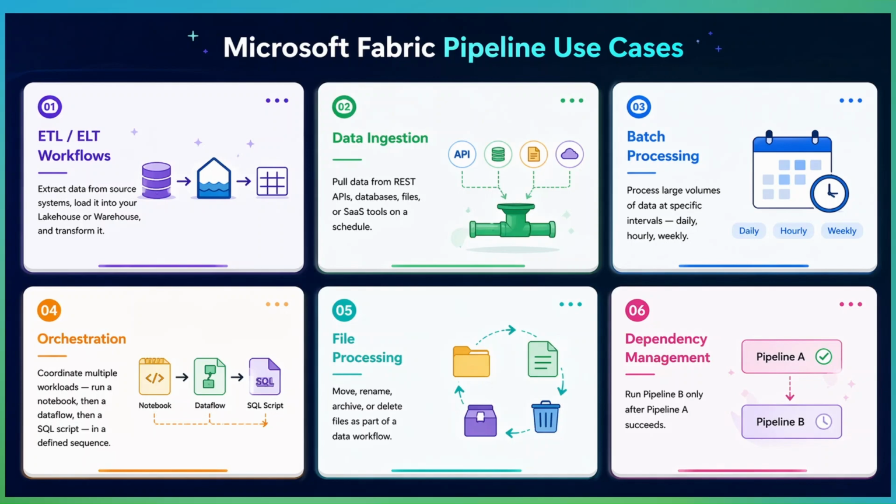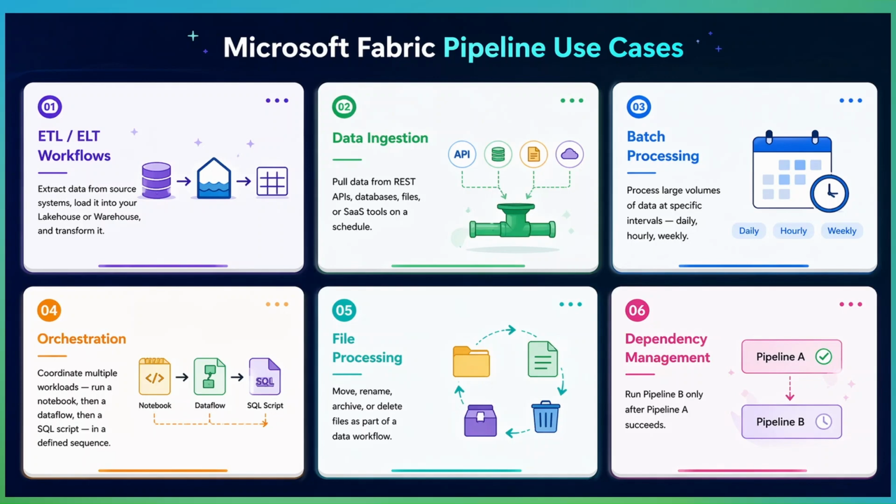The second one is data ingestion. Here a pipeline can be useful to automatically pull data from different sources like APIs, databases, and files on a regular schedule. So information flows in without any manual effort.